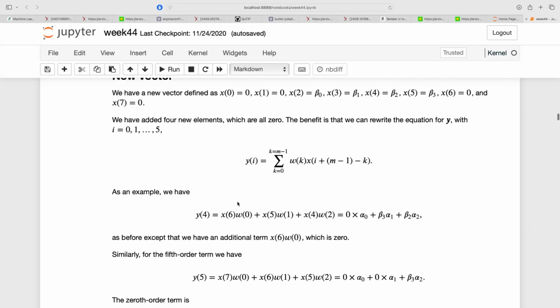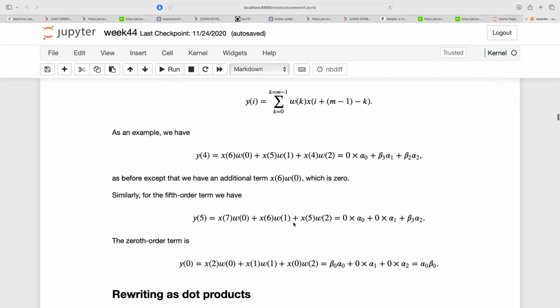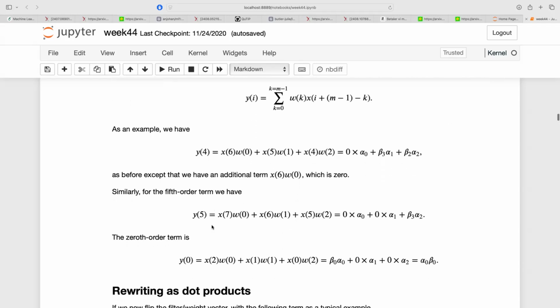So what you see now, if you take y equal to 4, you will get these terms. And one of these is 0, as before. And these were the terms which we had for a fourth-order component in the polynomial, a third-order component in the polynomial. And this x6 times w0 is actually 0. And in a similar way, you can set up all the other parameters and recover what you had originally.